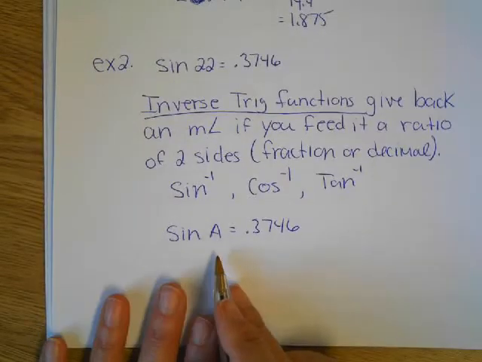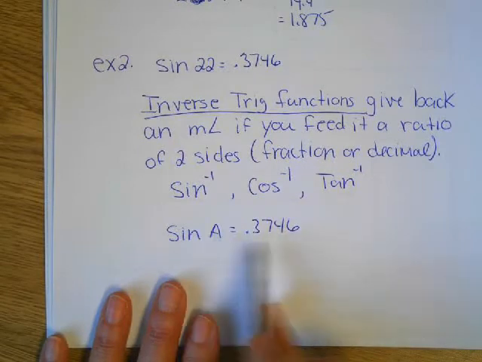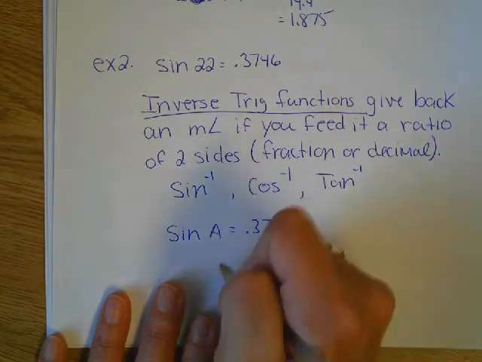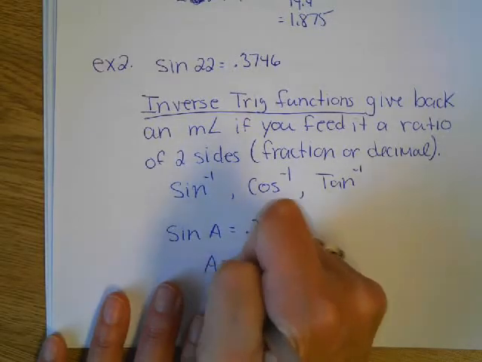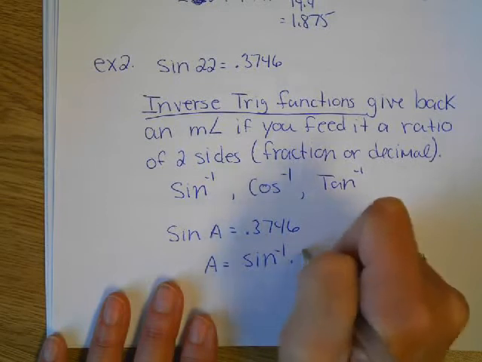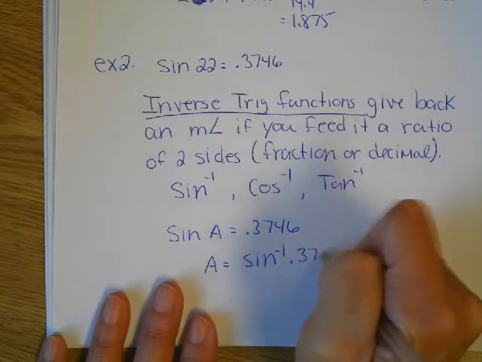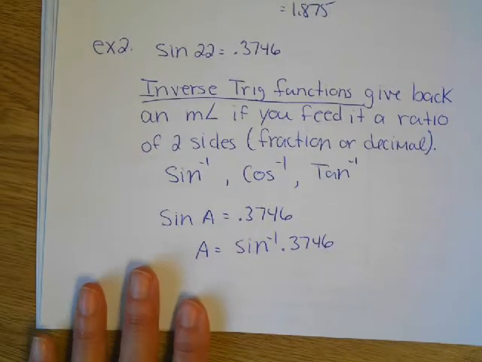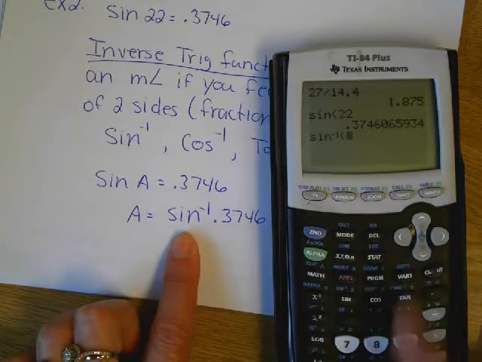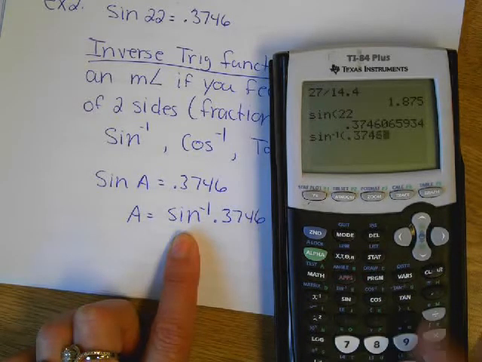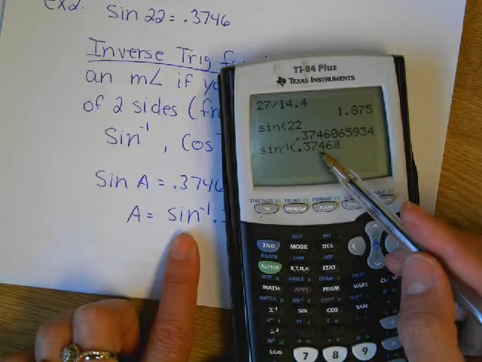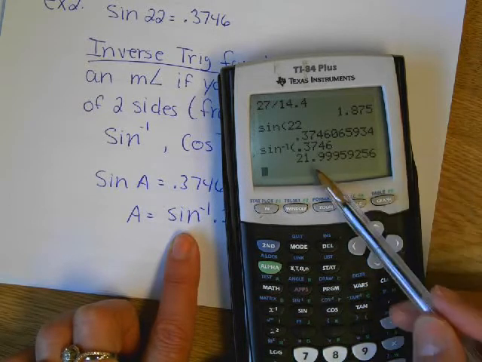Say I had the question, the sine of some angle comes out equal to 0.3746. What angle is that? Well, I know it's 22, but this is how we can get the calculator to give us this. What we do is we say that A is equal to the inverse sine of that decimal, 0.3746. So I'm feeding the inverse function the ratio of the two sides.